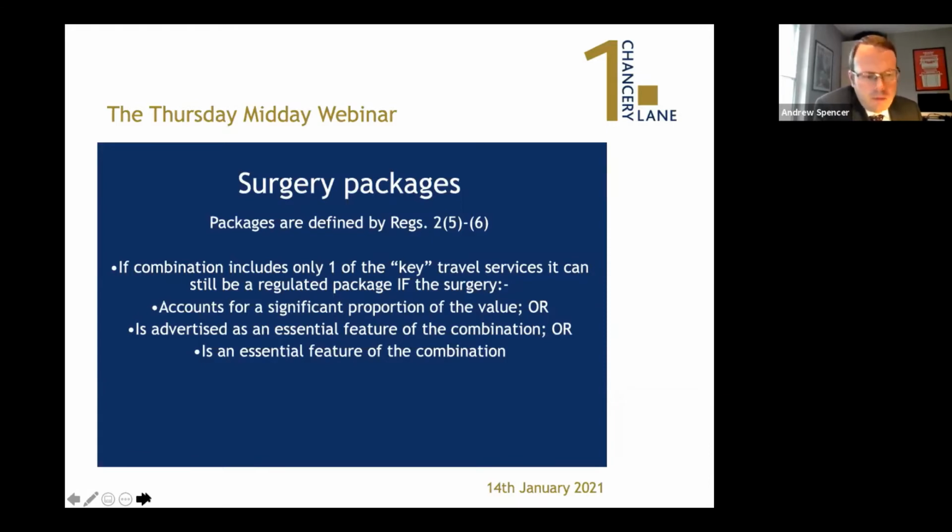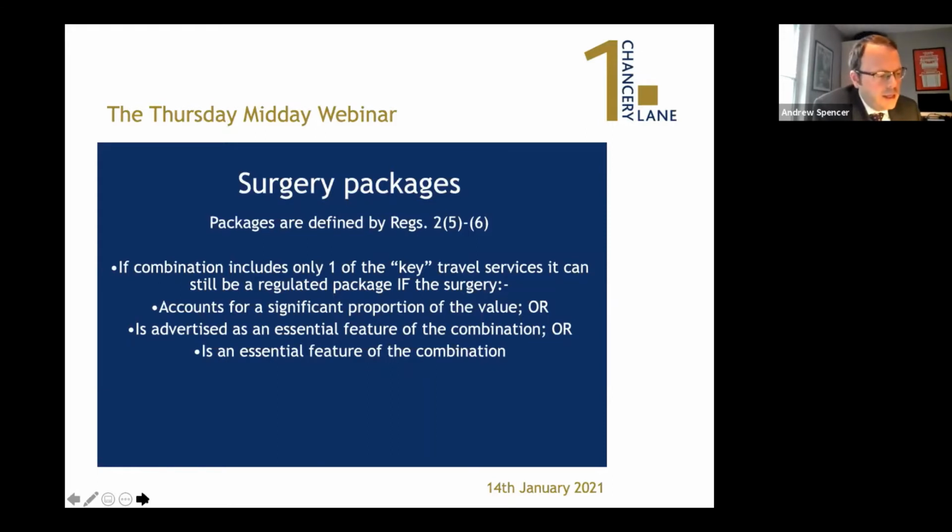But it can't be selected after the performance of the other things has started. I think that's highly unlikely in the context of a surgery package. We're not going to go on holiday and then add surgery onto the package after you've already departed, I don't think.